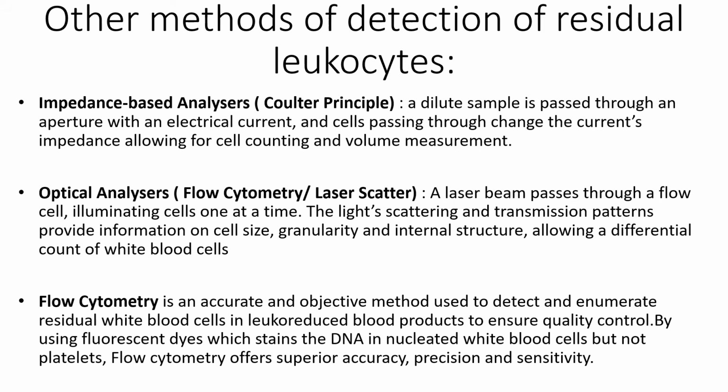Flow cytometry is an accurate and objective method used to detect and enumerate residual white blood cells in leucoreduced blood products to ensure quality control. By using fluorescent dyes, which stain the DNA in nucleated white blood cells but not platelets, flow cytometry offers superior accuracy, precision, and sensitivity. So yes, right.